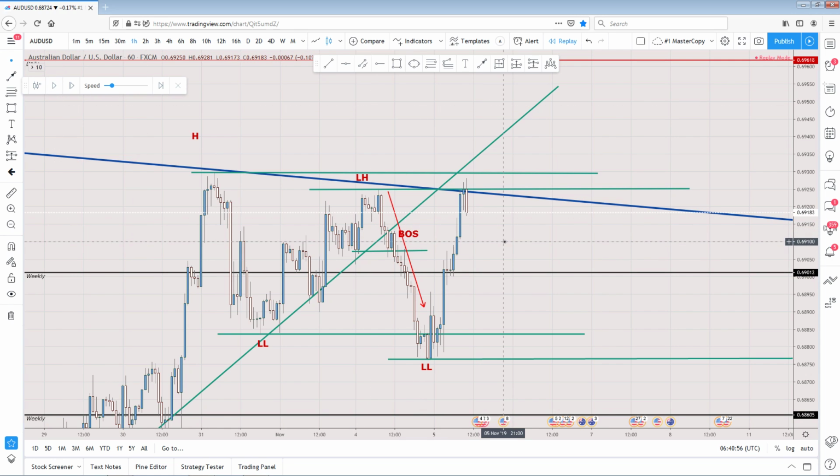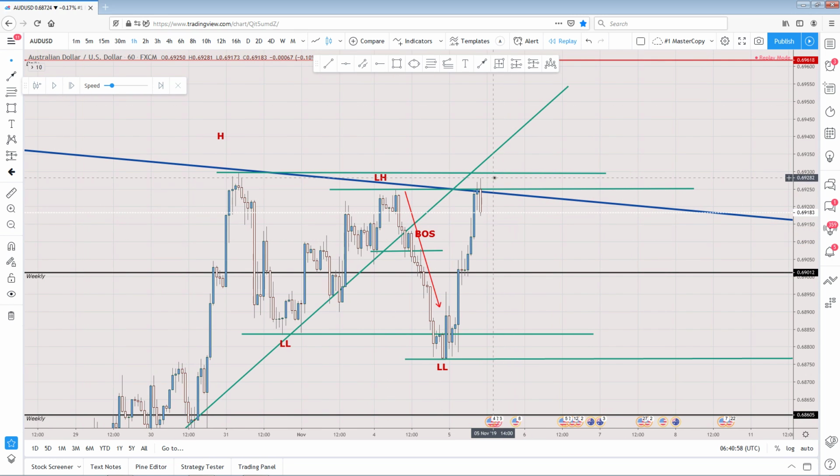Okay, so here you can see that we look at the high so far. The high here is here. So when you compare this high to this guy here, we actually made another lower high.